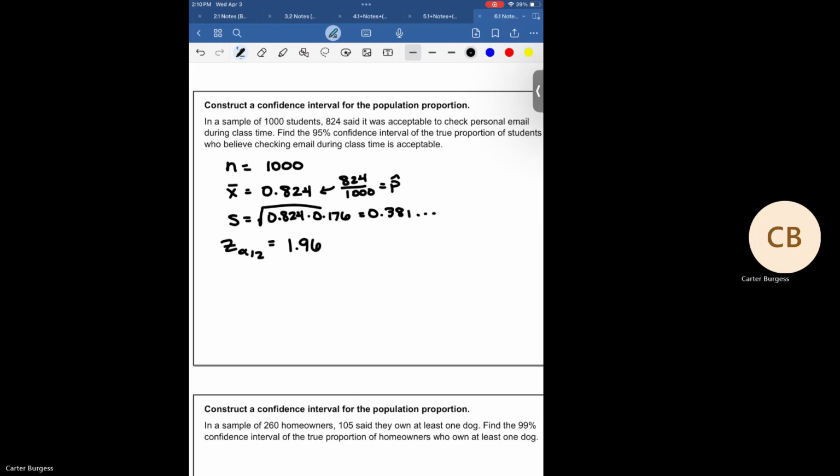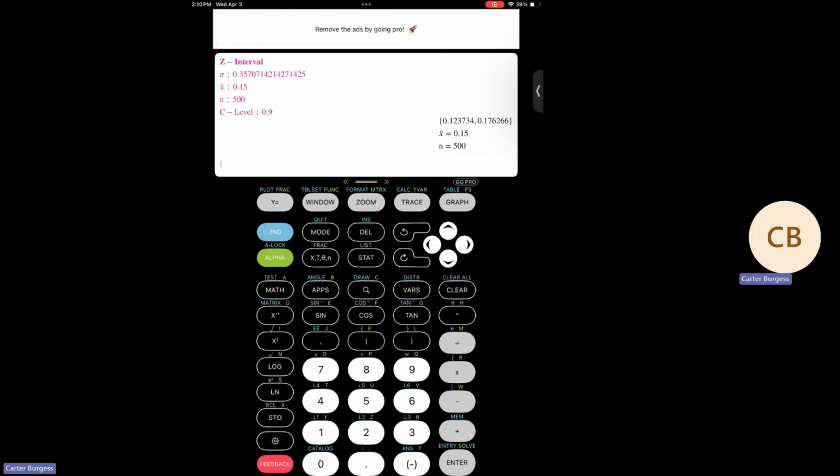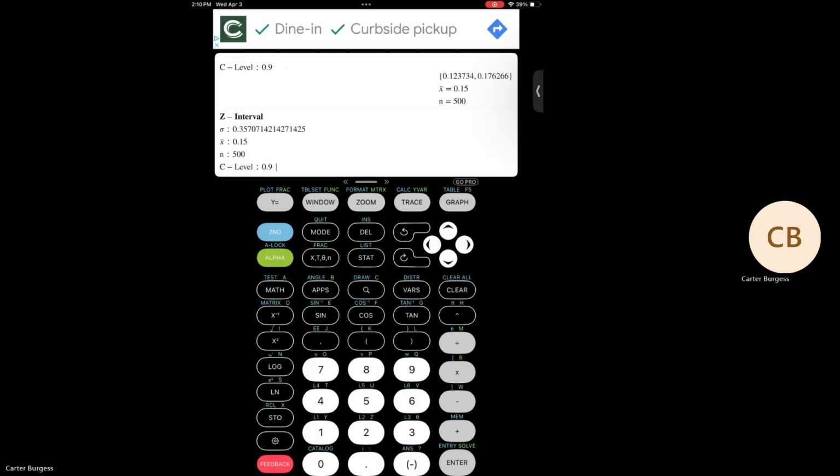All right. And so we are going into our z interval. We wanted this to be 95%. We said we had 1,000 for n. We said this was 0.824. And then we said that this was, I'm just going to use the exact value. So the square root of 0.824 times 0.176. Enter.